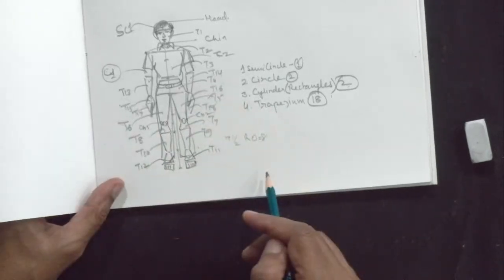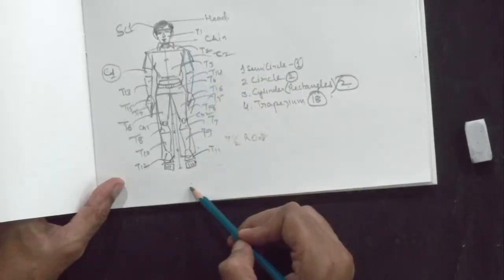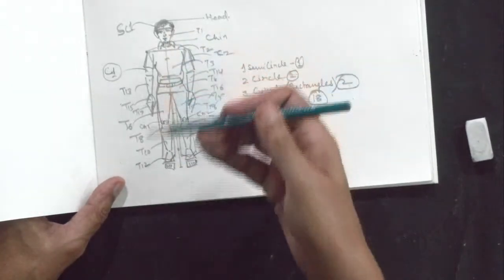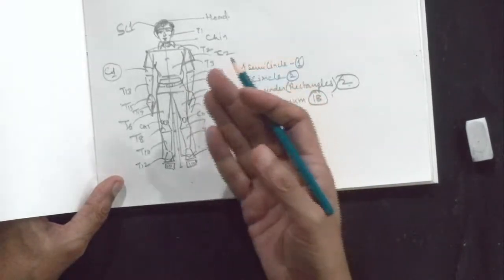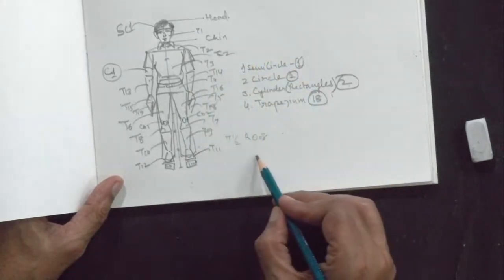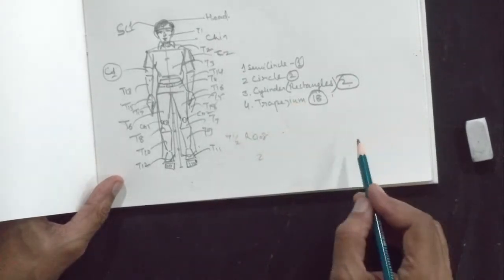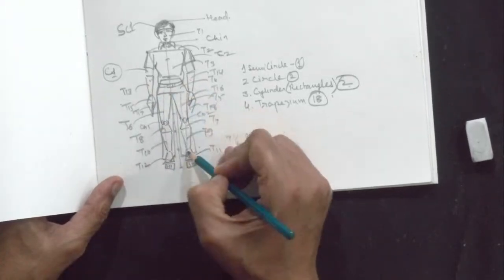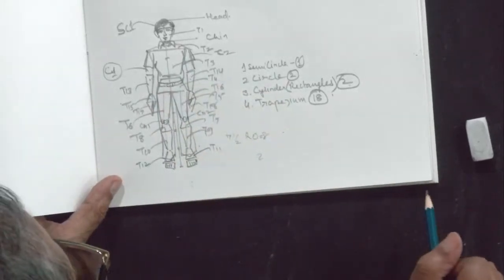Interesting? And friends, when you start using this method, not only will you be able to remember the division, it will be a perfectly proportionate human figure, and this can be done well within 2 minutes. Some of them may be doing it in 1.5 minutes, including the clothing on top of the bare body sketch.